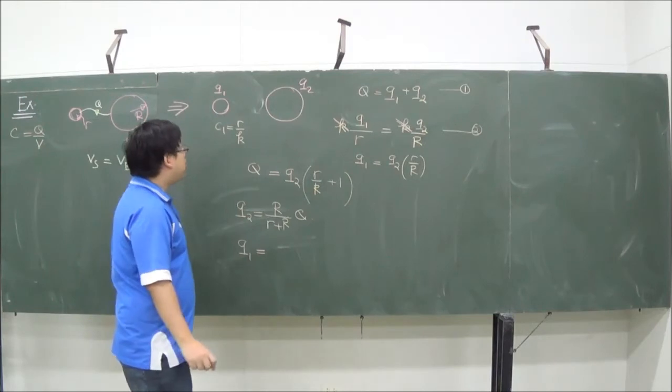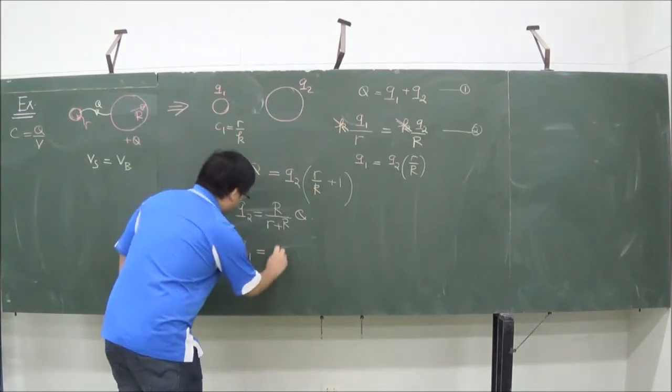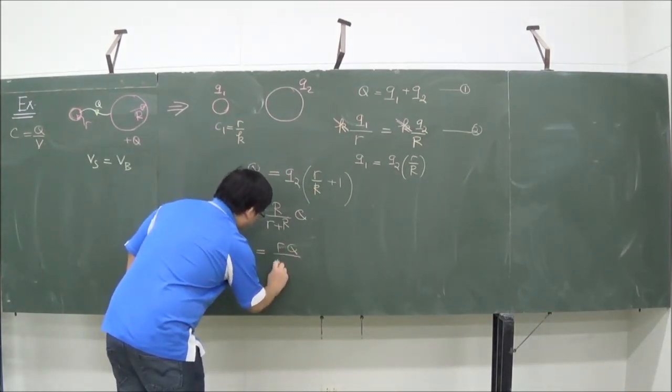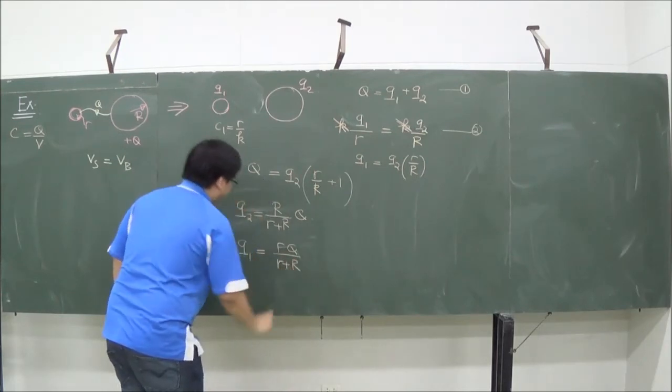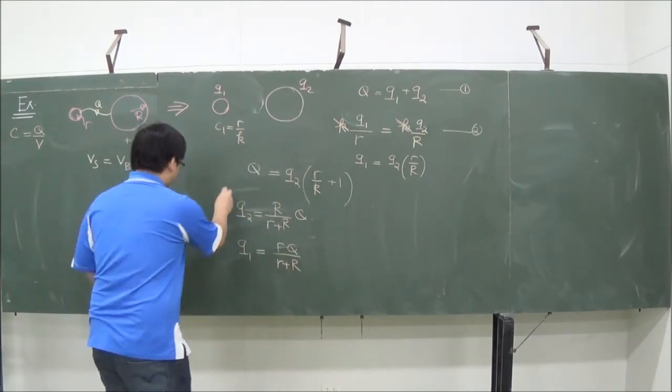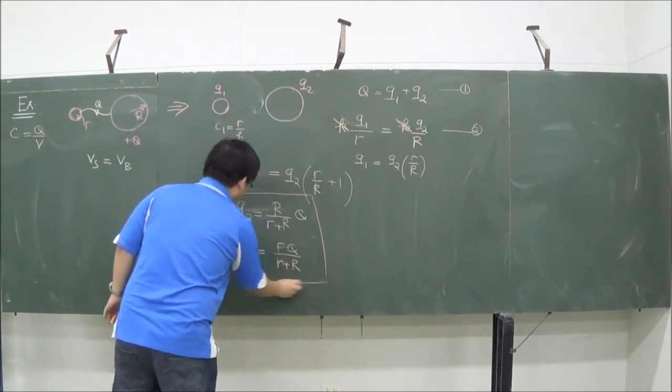You get Q1 equal to small r times Q divided by big R plus small r. So you get these two relationships.